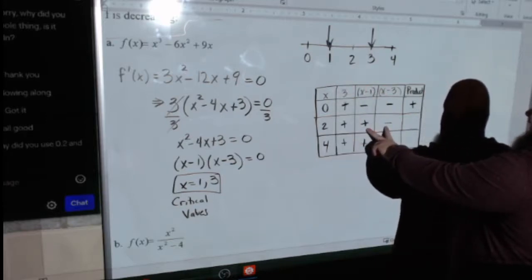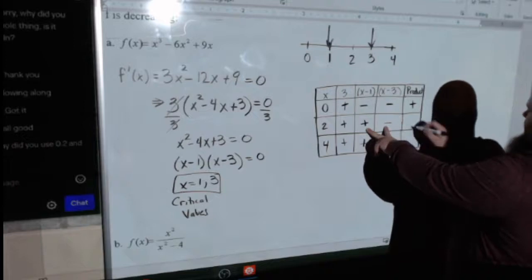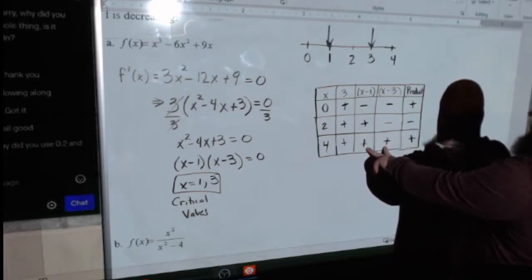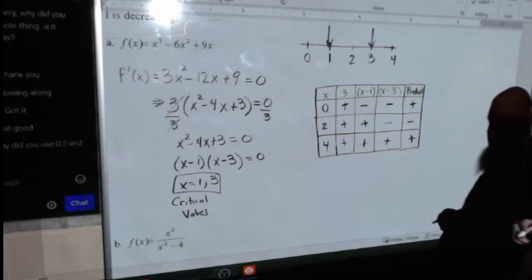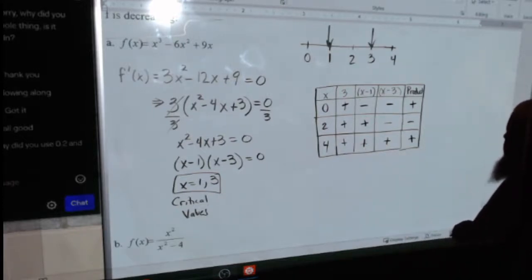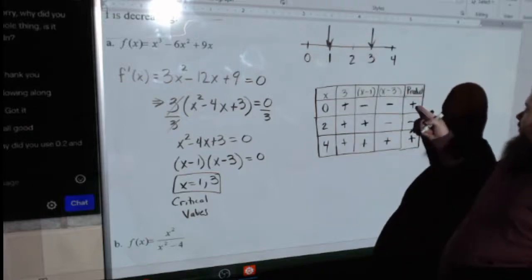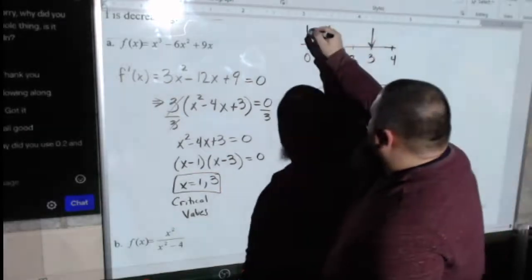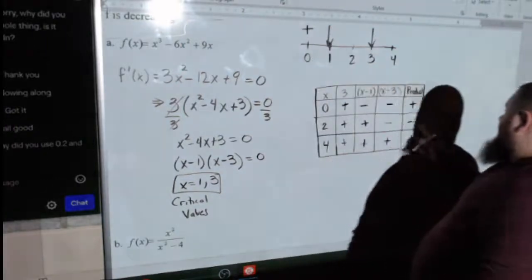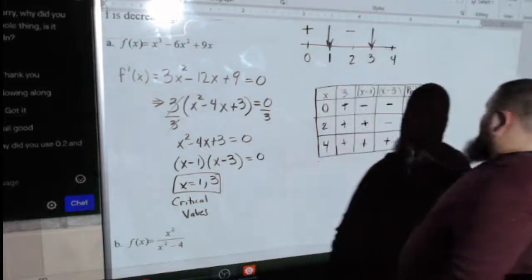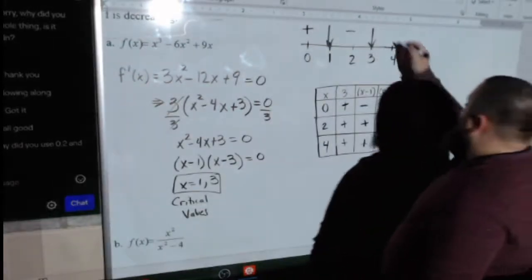So positive times negative, negative, positive times positive, positive. So we take those and put them up here on our number line. So 0, derivative was positive. The region that contained 2 is negative. The region that contains 4, positive.